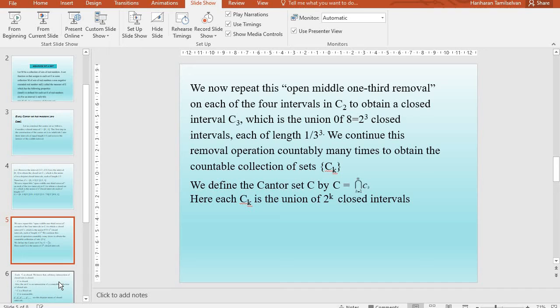Now, the Cantor set. We define the Cantor set C as the countable intersection of these closed sets C_k, where k varies from 1 to infinity. That is, the Cantor set is nothing but the points that remain as k tends to infinity.